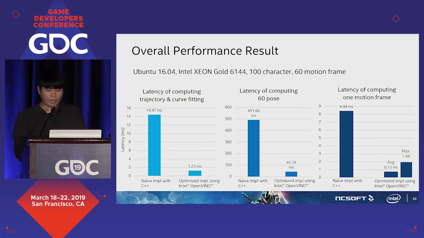The graph on the right shows the cost of generating one motion frame by combining the two processes. As a result, the overall average latency was 0.73 milliseconds, and the max latency was about 2 milliseconds to generate one motion frame for 100 characters. This is less than the latency target of 5 milliseconds, and this satisfies our goal.